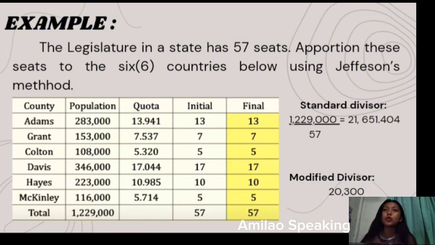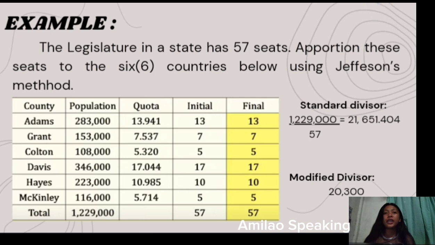Adams has 283,000 divided by 21,651.404, so the quota would be 13.07. Grant has 153,000 divided by 21,651.404, which is 7.067. As for Colton, the population is 108,000 and the quota is 4.988.